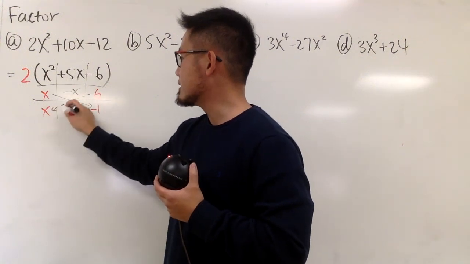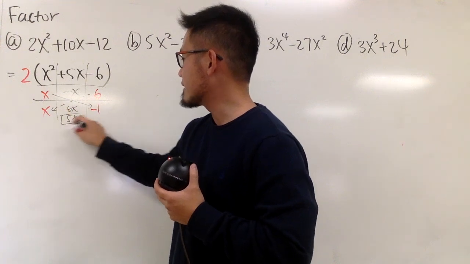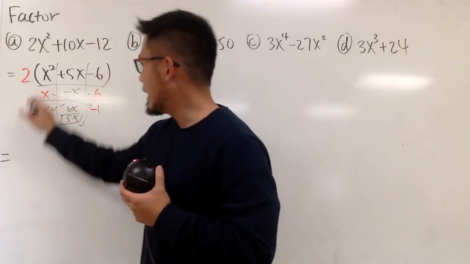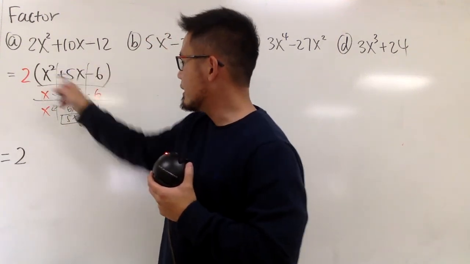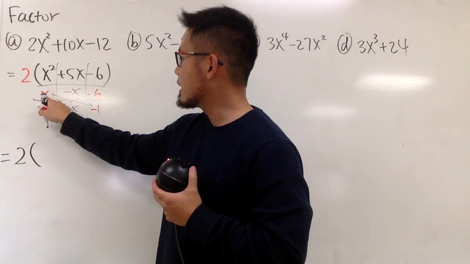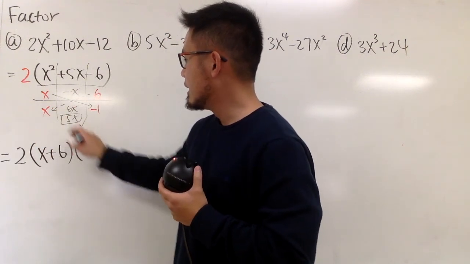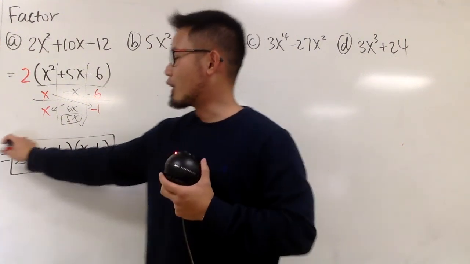And 6 times x is 6x. Together, we do end up with positive 5x, okay? So that's great. So in the end, we will have the 2 in the front. Don't forget to write that down. And then for this, we will have the first factor, x plus 6. And then the second factor is x minus 1. And with that, we are done.